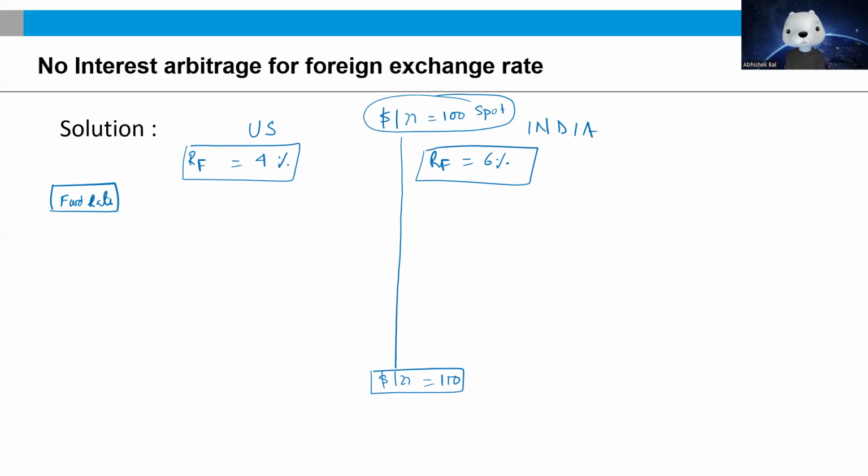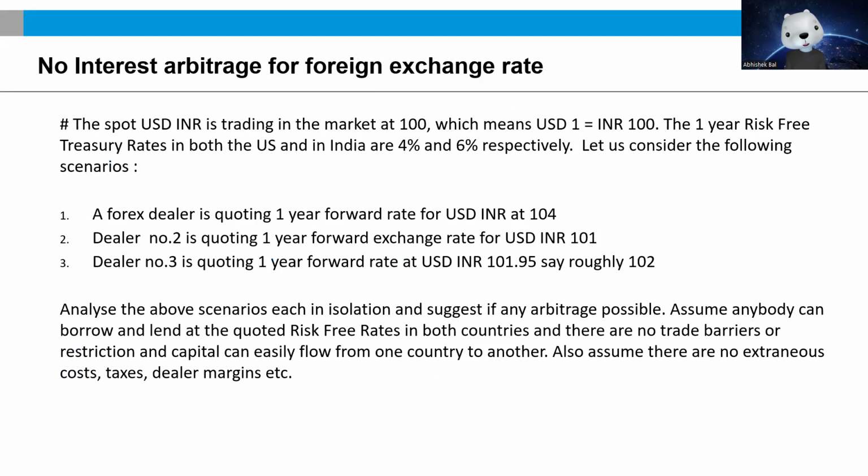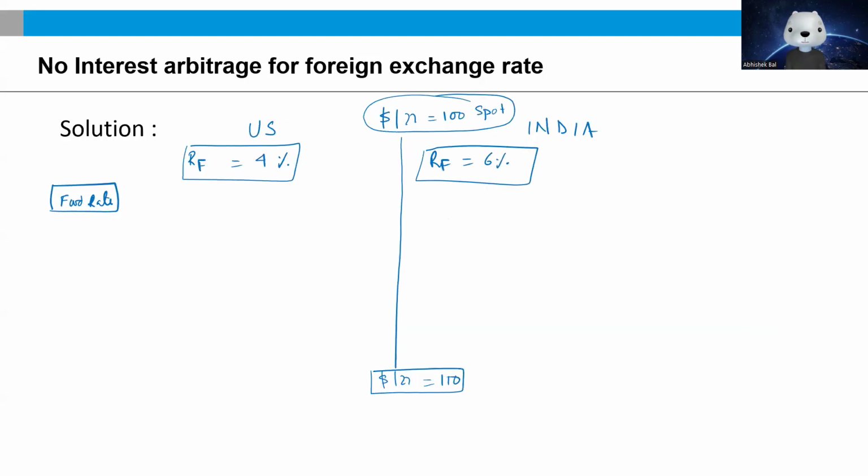How is it so? Because think of it, if there are no trade barriers, no restrictions, and capital mobilization from one country to another is completely seamless, that means there are no artificial barriers for a global trader. It's as good as saying that you're doing a domestic trade, albeit with different currencies.